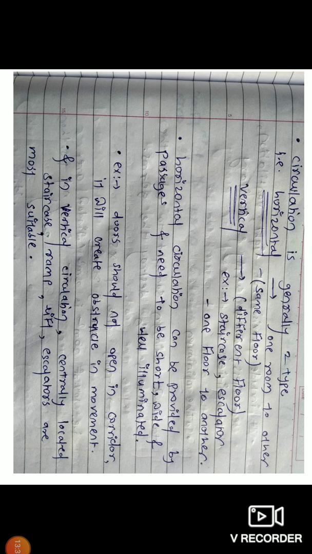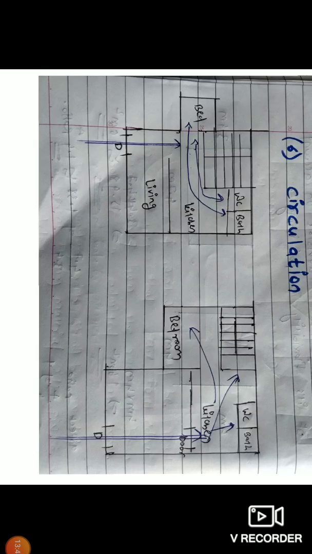Horizontal circulation can be provided by passages, which need to be short, wide and well illuminated. As shown in this diagram, the first case is very good, that is desirable, but the second case is the worst. In the first case, you can simply enter through the door to the living room and easily access the bedroom, kitchen, WC, bath and staircase.